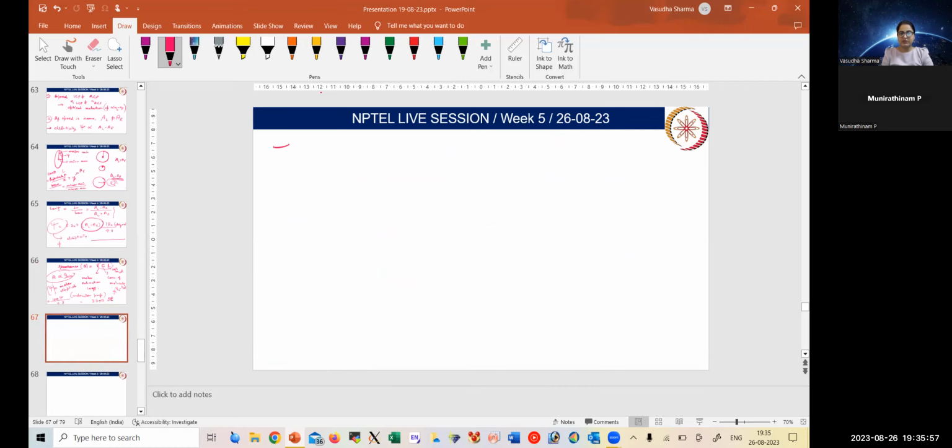Okay, plane polarized light is chiral in nature. Then we understood that if there is a difference between refractive indices, it will give you the optical rotation.